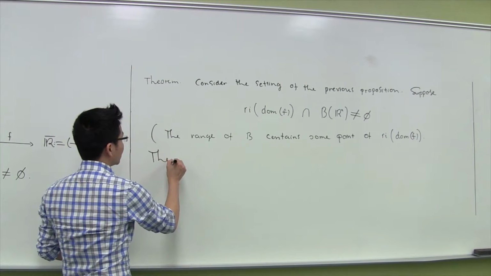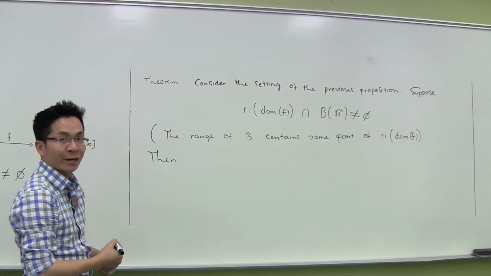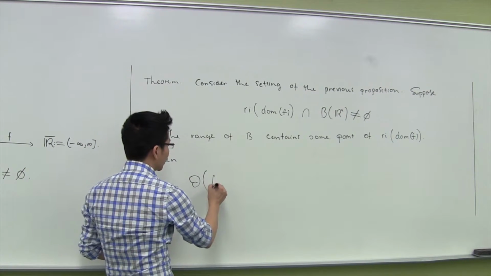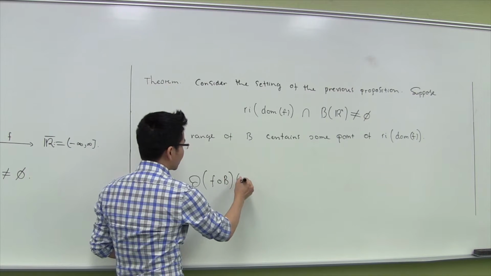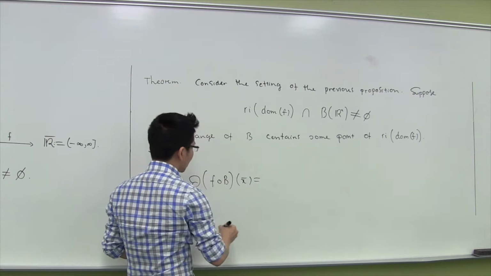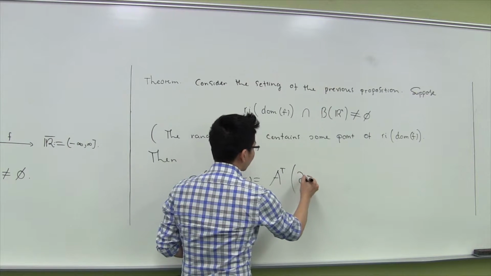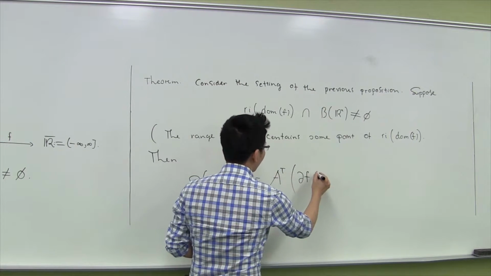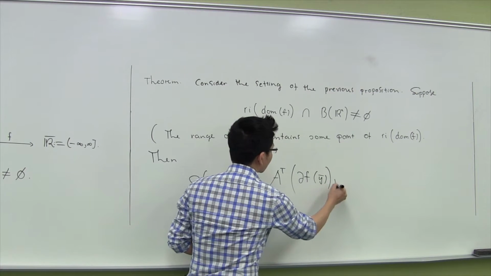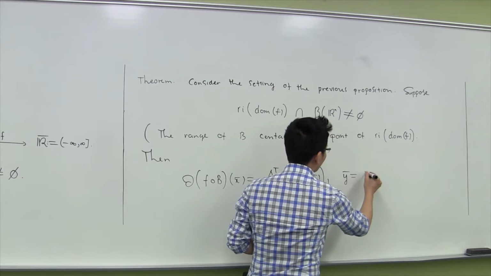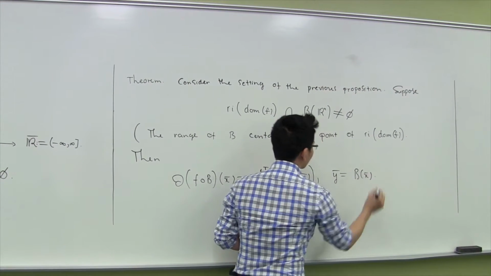Then we have the following subdifferential chain rule. The subdifferential of the composition of f and b at x bar is equal to A transpose of the subdifferential of f at y bar. Over here, as we see earlier, y bar is equal to b of x bar. Okay.